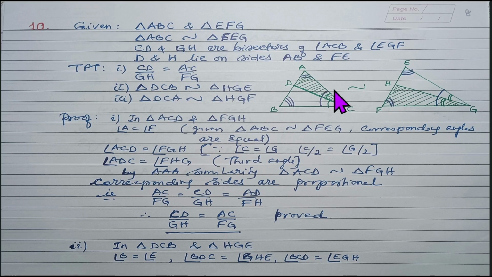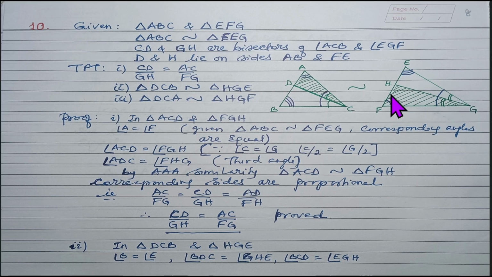Now angle ACD is equal to angle FGH, because angle C is equal to angle G, because two triangles are similar, and the angle bisectors divide the given angles, that is C and G, into two equal angles, and therefore angle ACD and FGH are both equal.